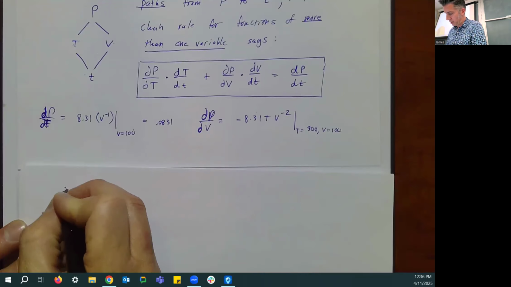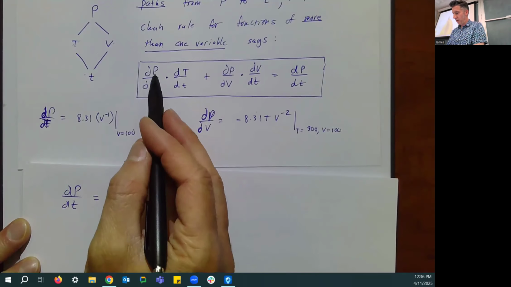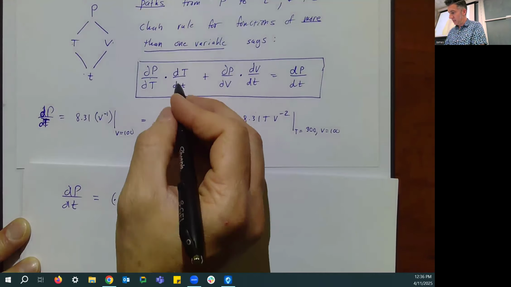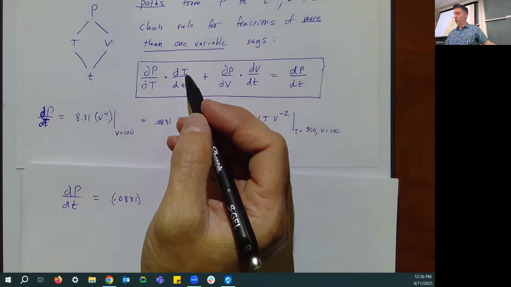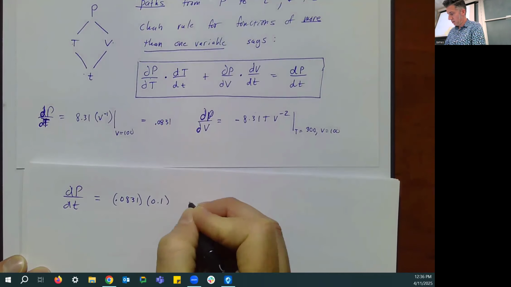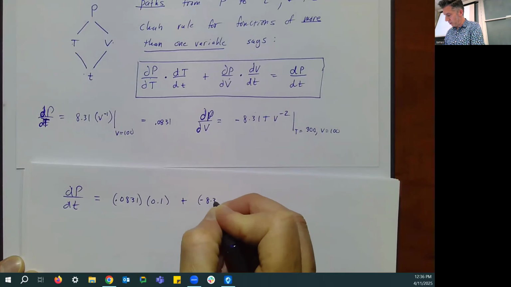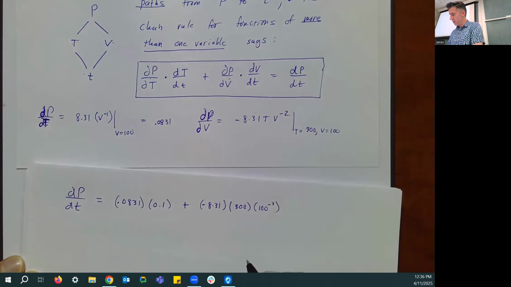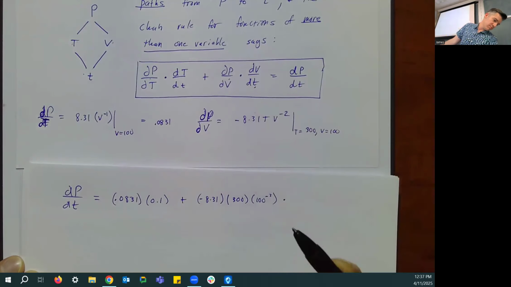Our dP/dt is going to equal 0.0831 times my dT/dt, which is the rate of change of temperature, which is what they told us was 0.1, plus this part here: my del P del V is negative 8.31 times 300 times 100 to the negative second power, times my dV/dt, which they told us was 0.2.